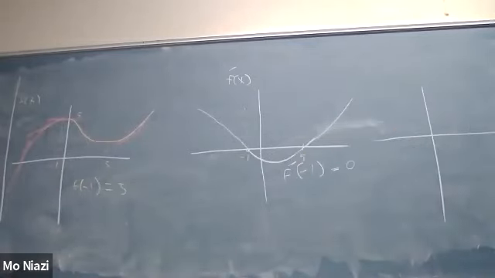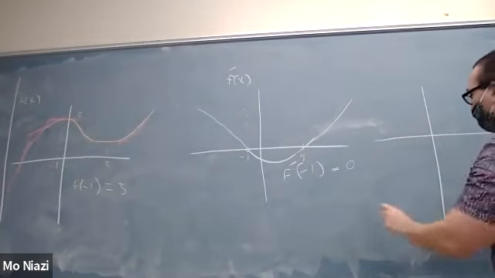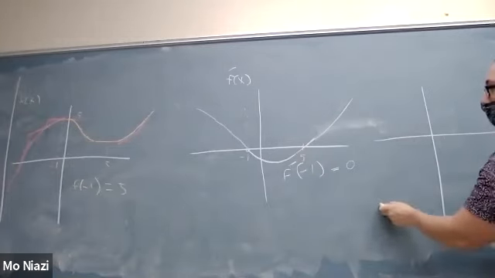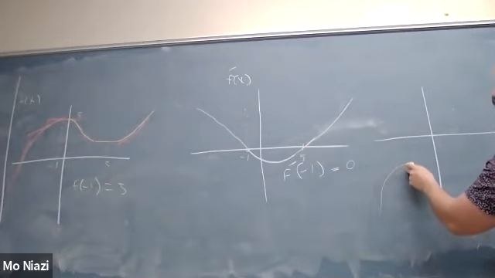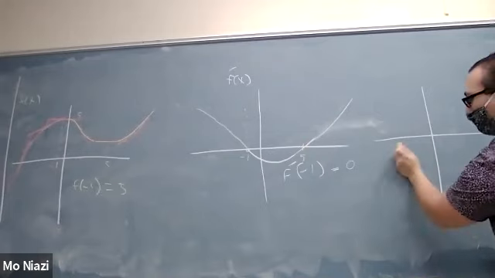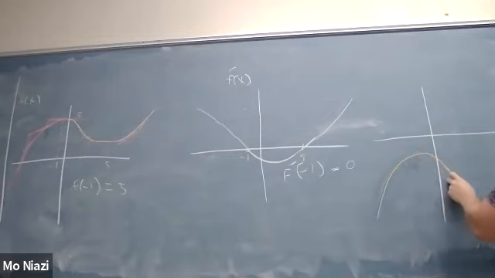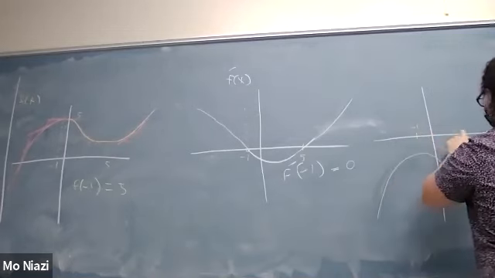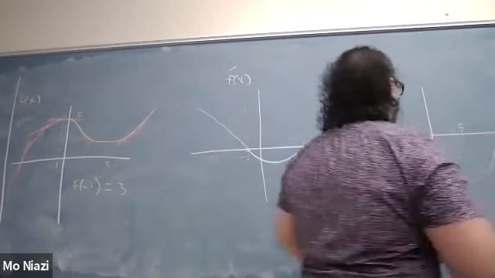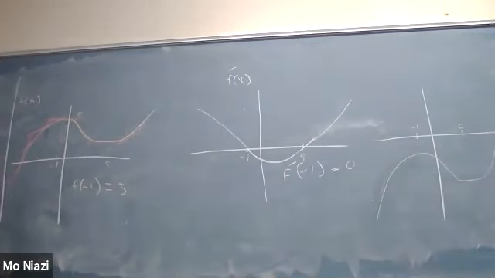For the derivative, we could have had the normal function. If I drew a function like this, I could have drawn it like this right here, and it would have had the same derivative graph.